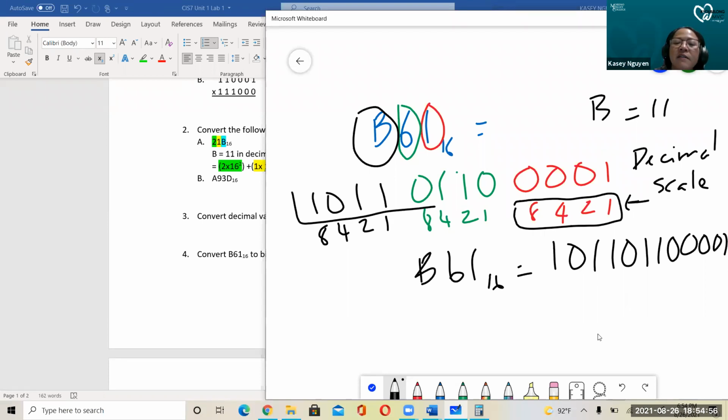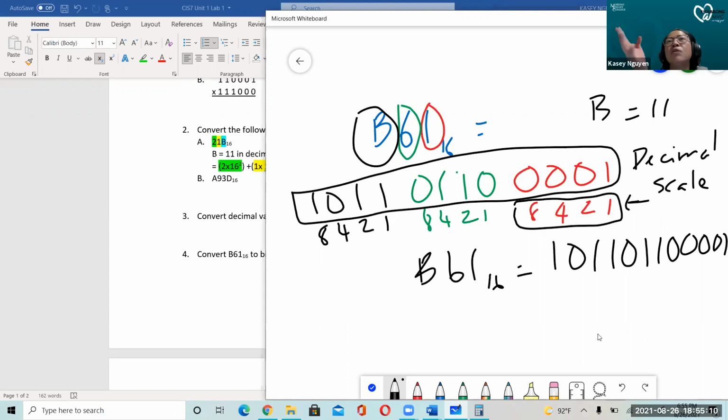Because we are going to go from hexadecimal to binary, and binary has multiples of 2 as decimal equivalents, we need to place the decimal scale there to be able to look at the value that will be equivalent in decimal.